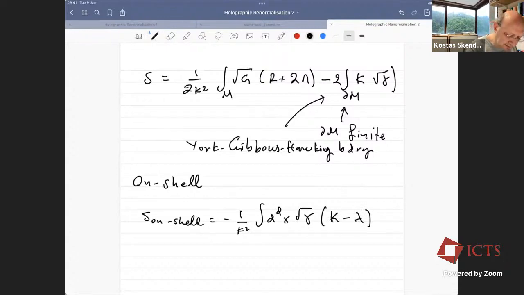So this L here is just a contribution from the bulk, and this term here, so let me put here, this is, we're already on the boundary. So when we compute this on shell, it's going to be some radial integrals coming from here.